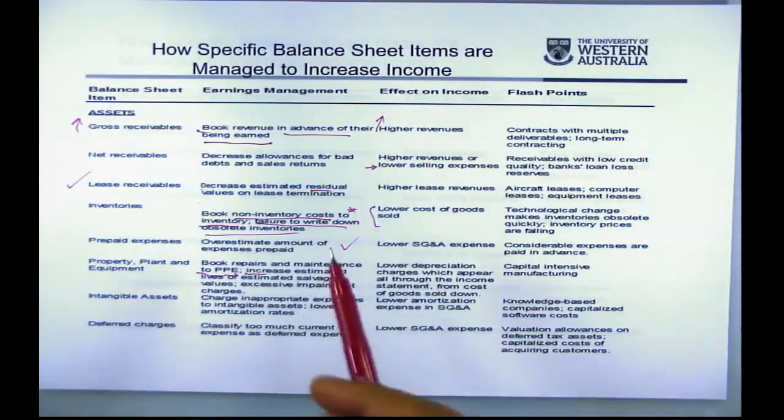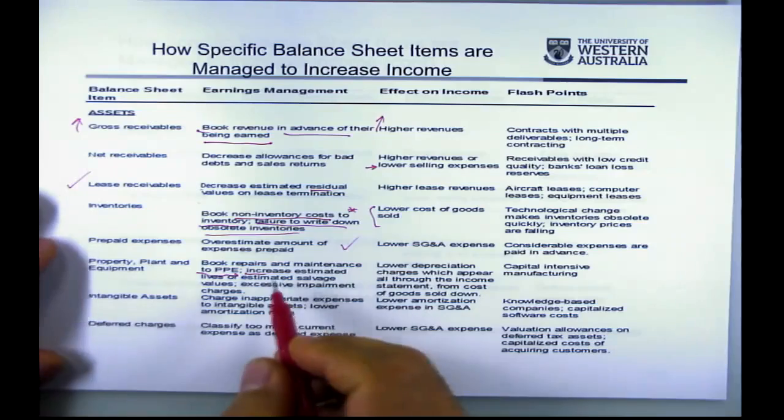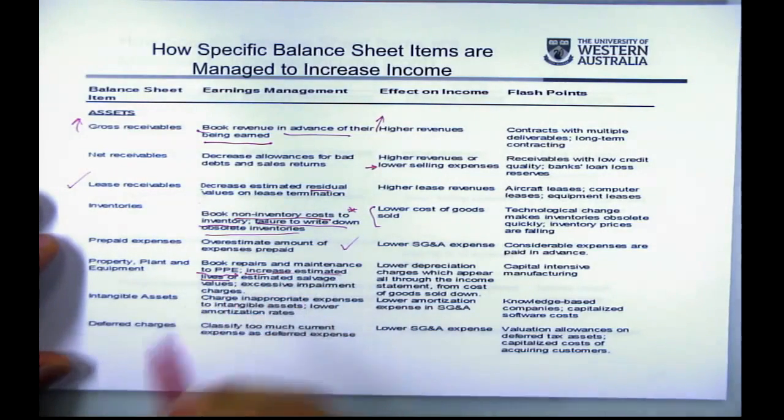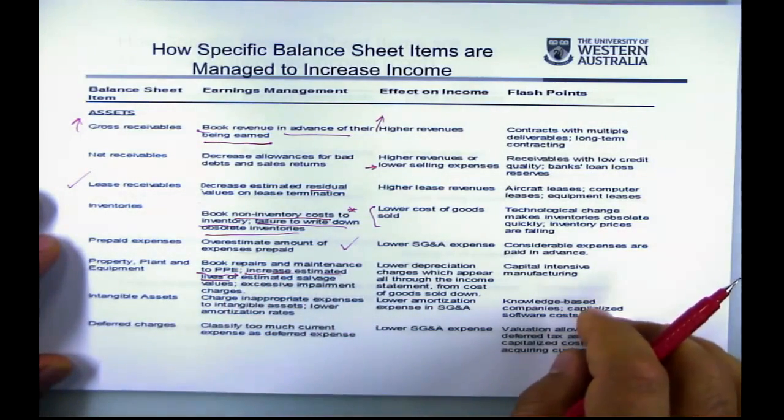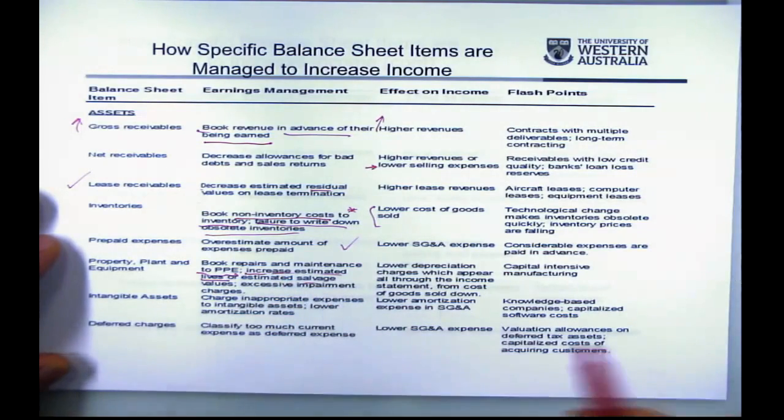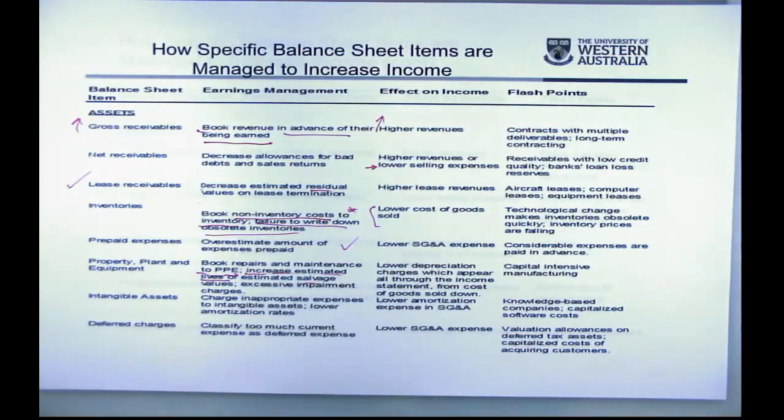Alternatively, firms can increase the estimated useful lives of their fixed assets or the residual values or salvage value, and when we extend the useful lives of our fixed assets, that will reduce future depreciation charges. That is not fair, right?